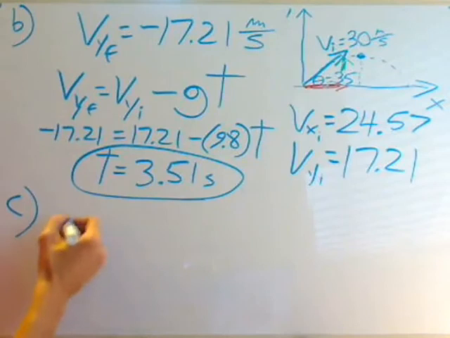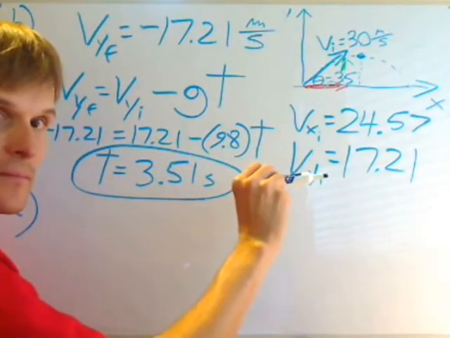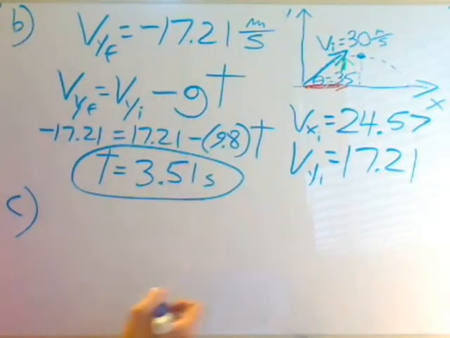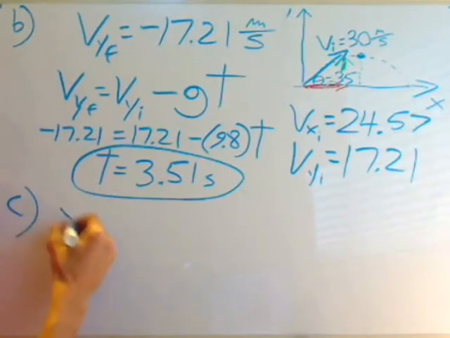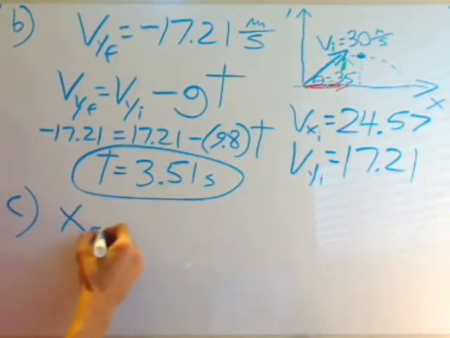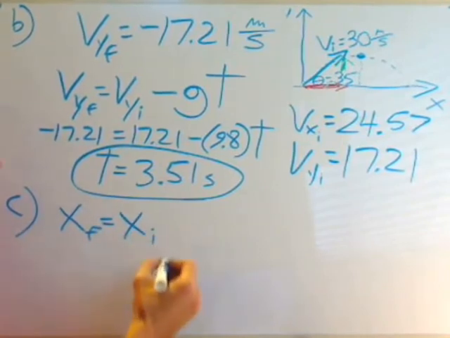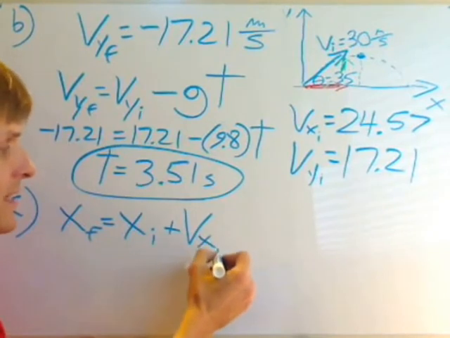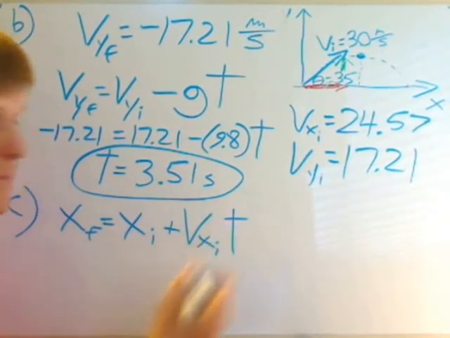So we have constant velocity in the x direction, because the g acceleration is entirely in the y direction. We can use our constant velocity equation that we developed earlier: our final position is equal to the initial position plus the initial x velocity, since it doesn't change, times the time it's in the air.